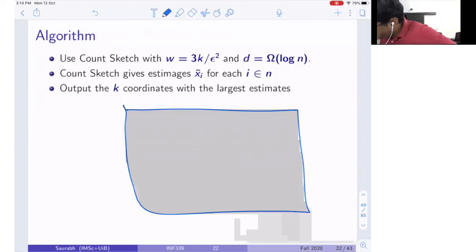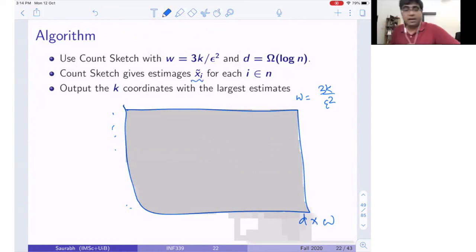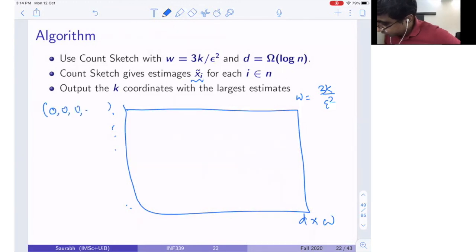So I'm going to use roughly, as always, d times w, but now w, the number of buckets, is going to be 3k over epsilon squared. Count sketch gives us an estimate xi tilde for each i in n, and I will output the k coordinates with the largest estimate.